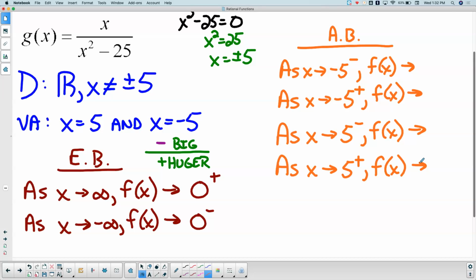Because there's 2 vertical asymptotes, 2 sides to each one, means I got 4 of those behaviors to do.